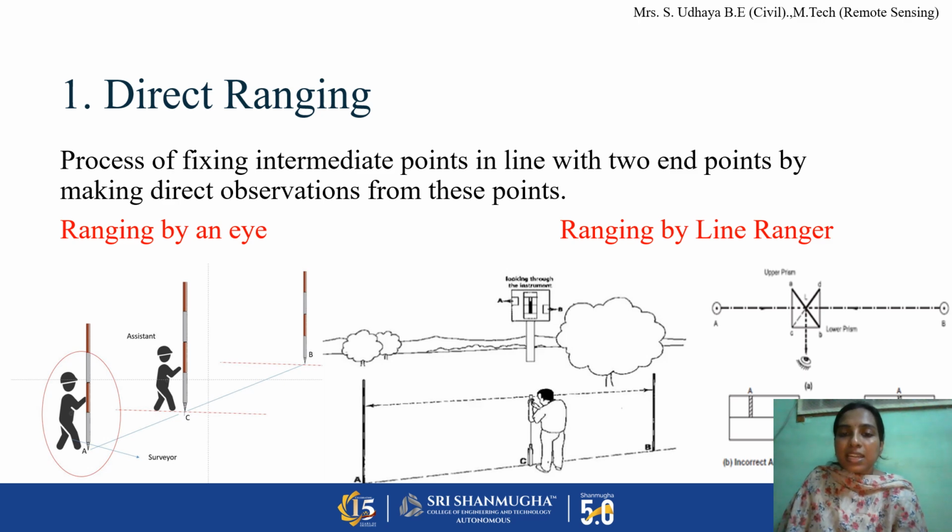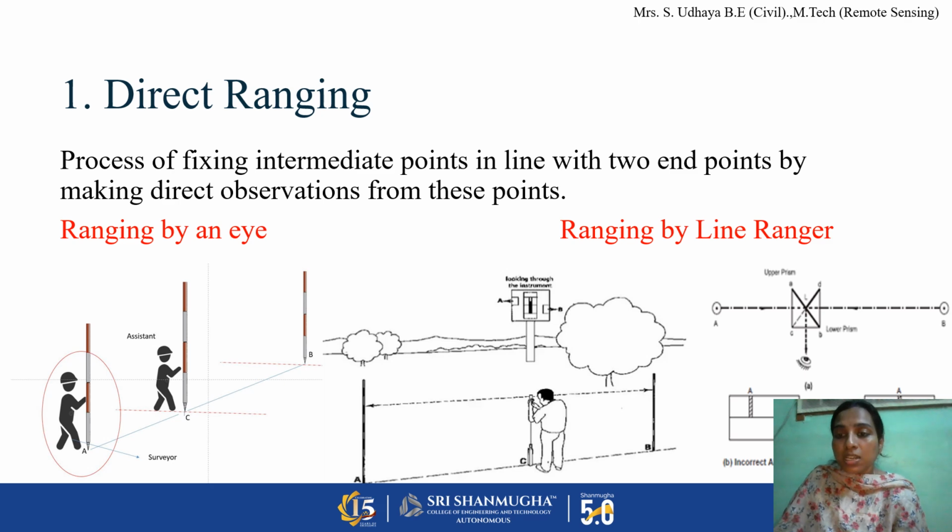If he is not standing at the correct position, as you can see in the first image, the position of the ranging rod is misplaced. The positions of rod A and rod B are not in a straight line.